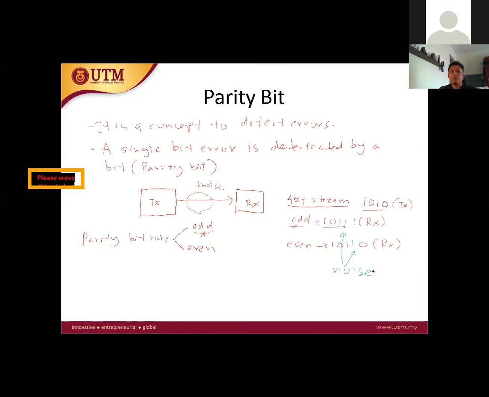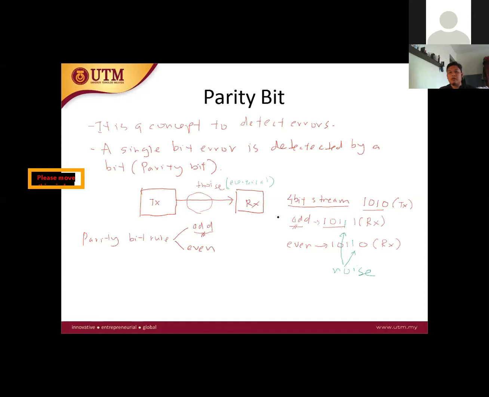The first bit that the transmitter sent becomes one due to the noise. Noise can be electrical noise. We will discuss noise in detail in a later chapter.